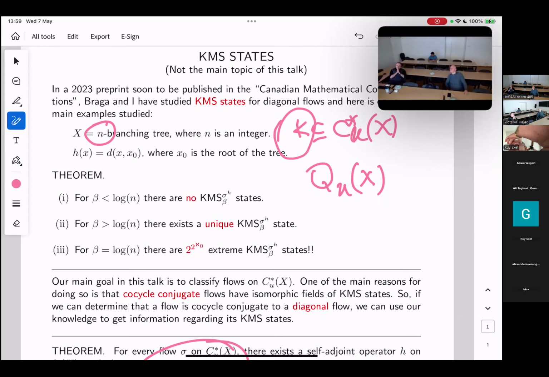But as you heat up the system, they all move away and vanish on the compact operators. So they are actually states of this quotient algebra, which is also very much studied in the theory of Rho algebras. This is called the Rho corona.